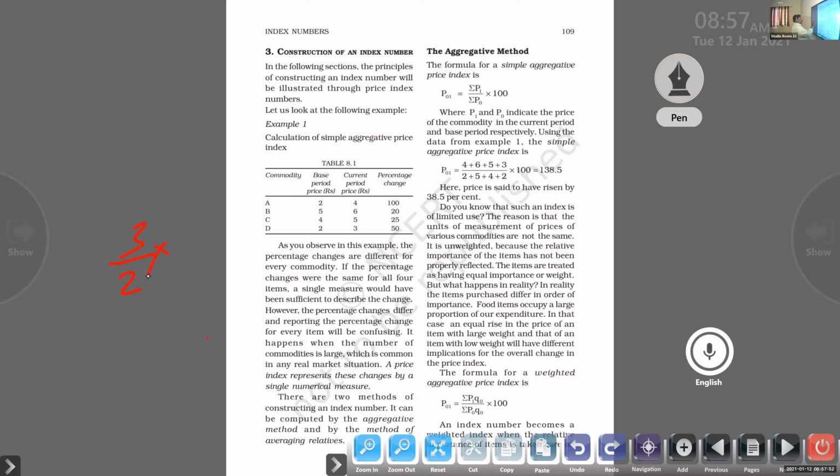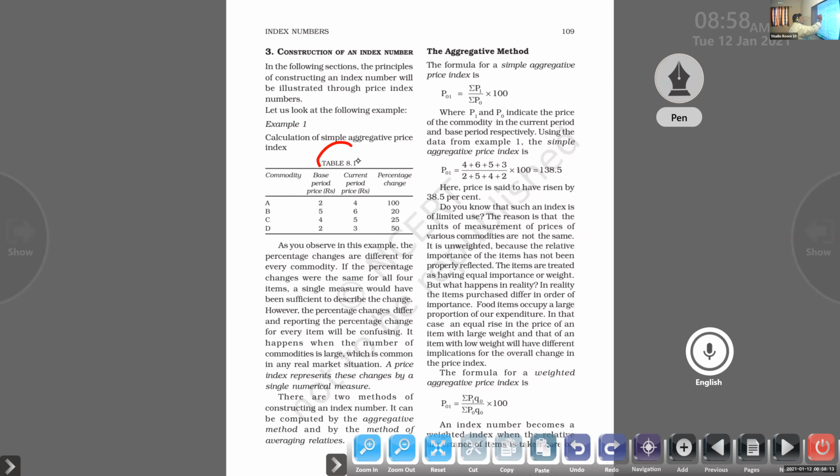That is 150, minus 100, again 50. So 50% is the growth. Clear? Okay, so this is the method to find the change of price in percentage.